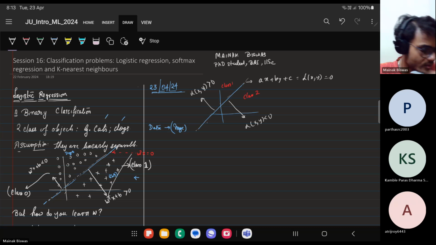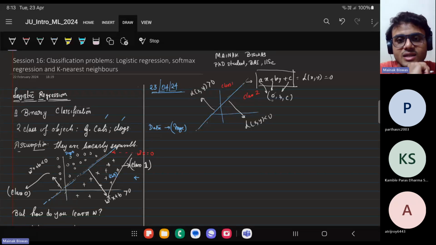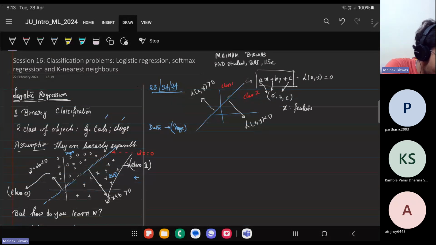Okay. So the idea is if I can make a model, so what will be the model over here? My model will be A, B, and C, right? If I can get the values of A, B, and C, I'll put in the feature X. Or rather X comma Y are the features.